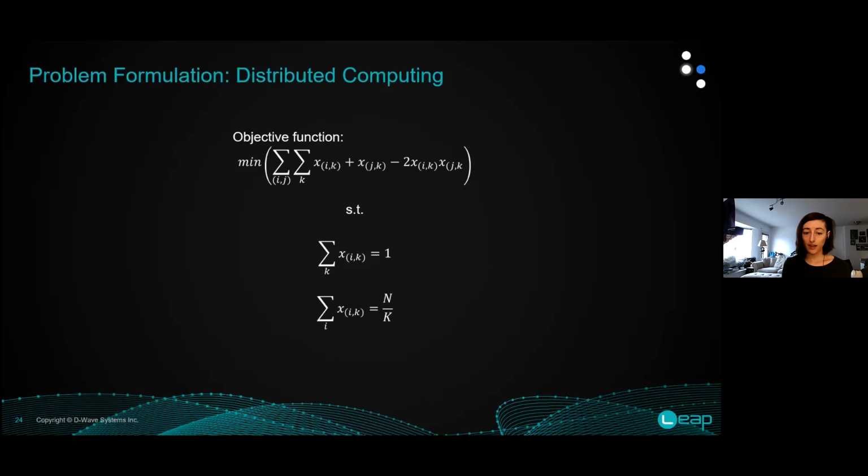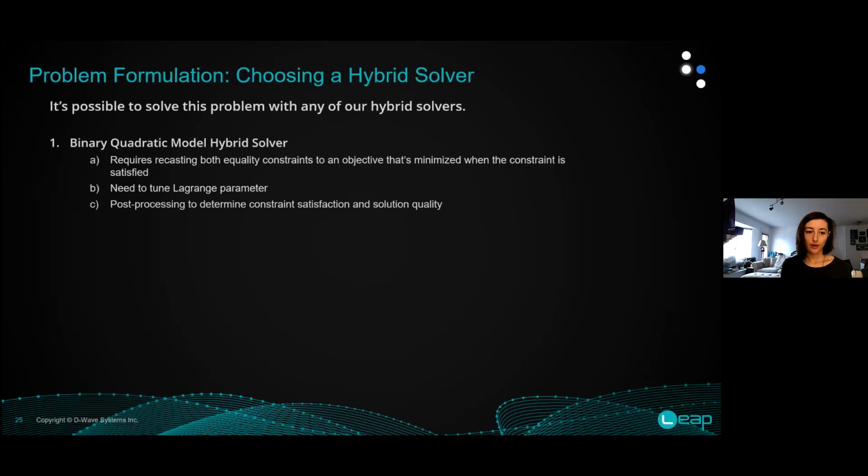So with the BQM solver, that's a lot of additional work. That means that arriving at this problem formulation here is really only one small step to being able to solve the problem on the solver. Additionally, we have to tune the Lagrange parameter.